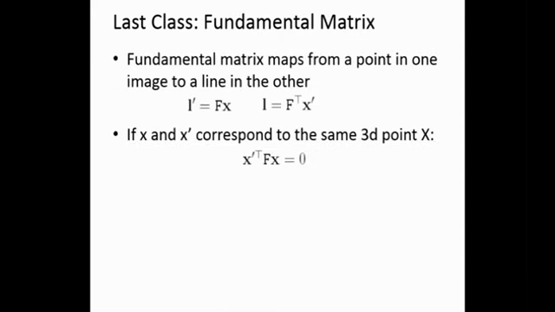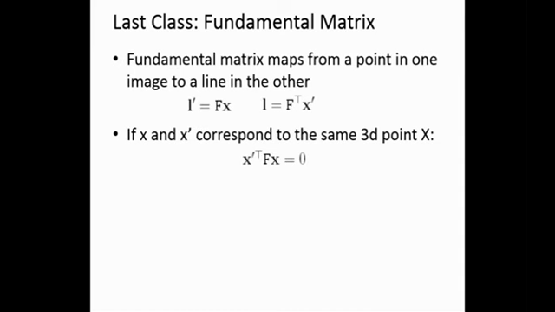If you know the intrinsics, then you can get the essential matrix, which has 5 parameters. If not, then you can solve for the fundamental matrix, which has 7 free parameters. Either one maps from a point in one image to a line in the other image. But from the essential matrix, you can actually recover the relative rotation and translation between two cameras as well. So this is all how you relate two cameras to each other.